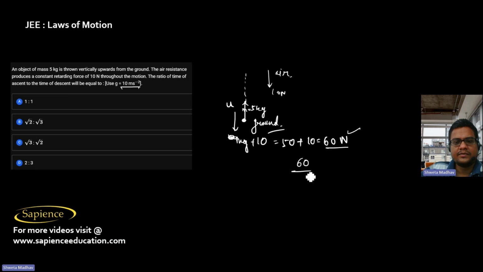So 60 by 5 will give us the retardation, that is minus 12 meter per second square.